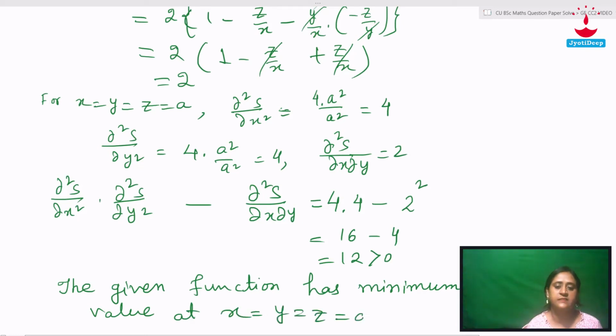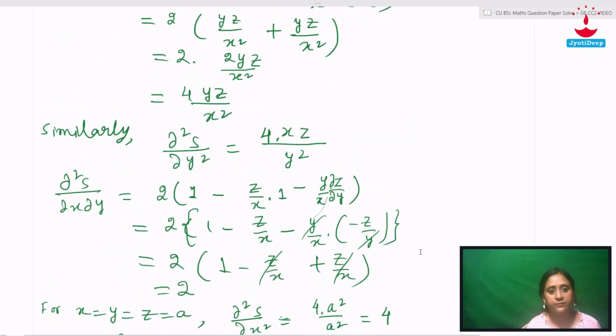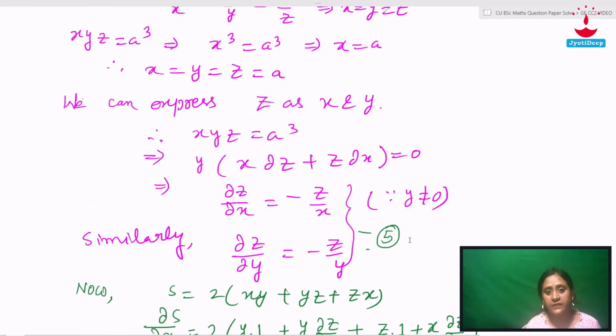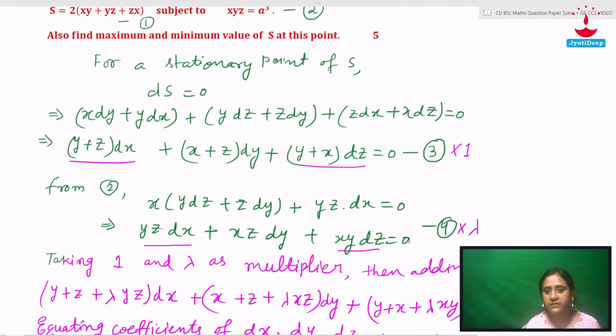Okay. And also del 2s by del x square is positive, so it has minimum value at x is equals to y is equals to z is equals to a. Okay, so we have to find the stationary point and maximum and minimum value. So we got minimum value at this point.